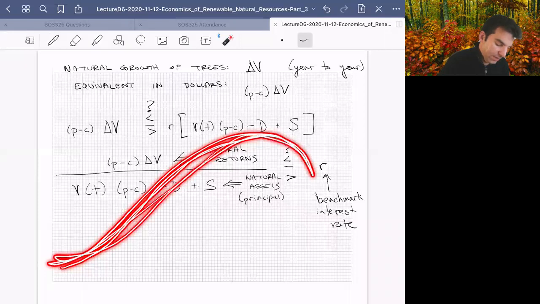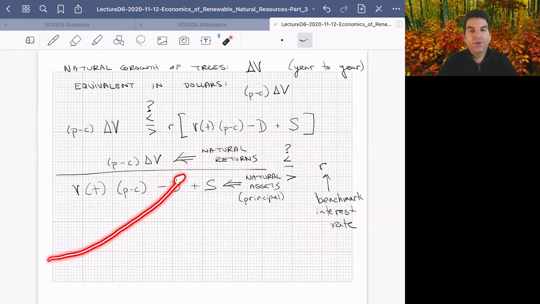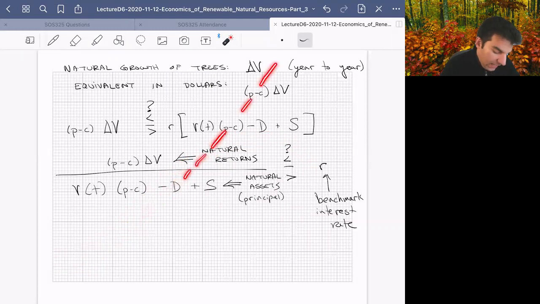You're getting up to a point of fast growth, and at that point you convert that wood into bank interest, and it can continue to grow in the bank at the constant interest rate.